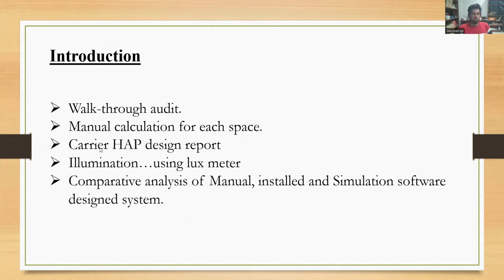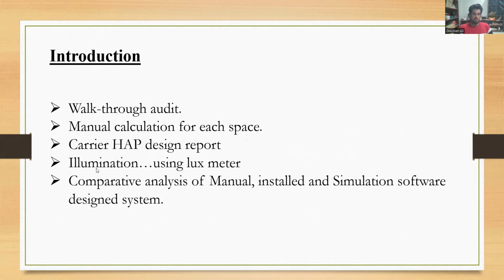Now to the main part, we used Carrier HAP. We designed the HVAC system as per the Carrier HAP simulation, in which we input all the data collected from each of the spaces. Then we get the design report for our HVAC system.